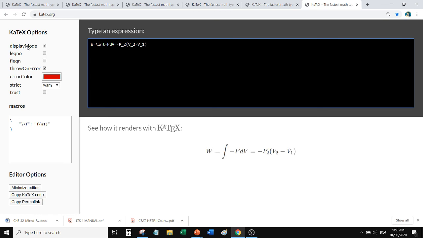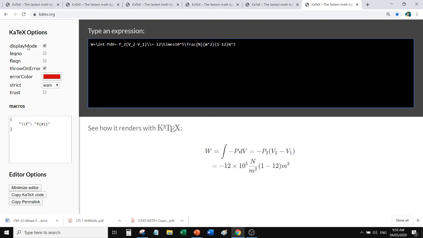Plugging in the values, P2 is 12 times 10 to the 5 Newton per meter squared, and V2 is 1, V1 is 12 meter cube.